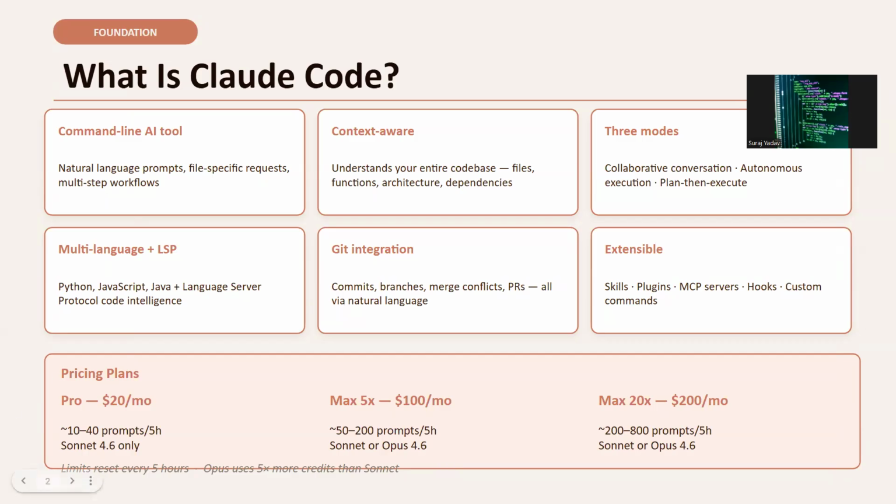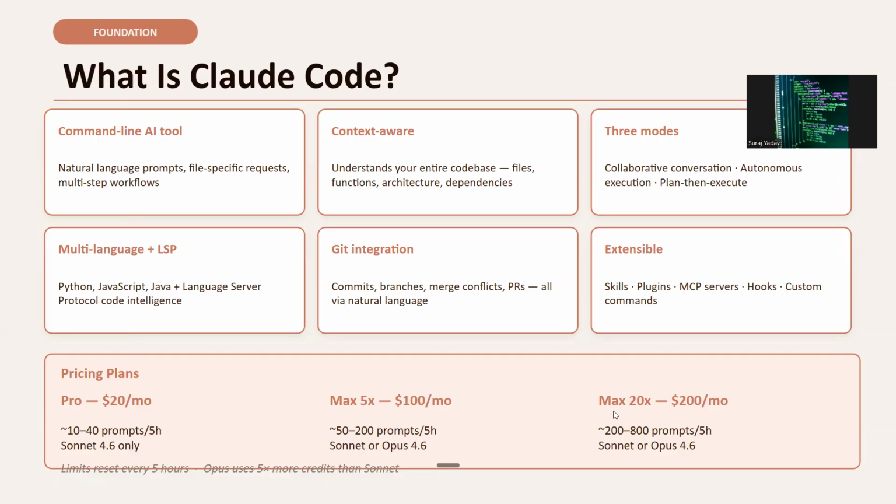On the pricing side, this matters for teams. Pro at $20 per month gives you roughly 10 to 40 prompts per 5-hour window, with Sonnet 4.6 only. Max 5x at $100 per month jumps to 50 to 100 prompts, and you'll get Opus 4.6 access.